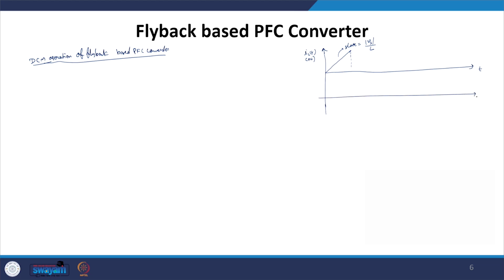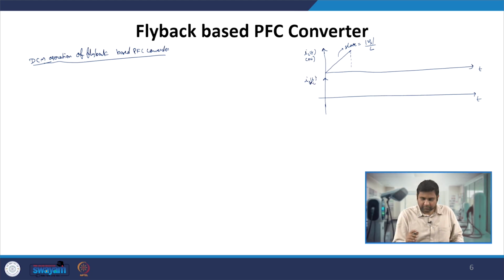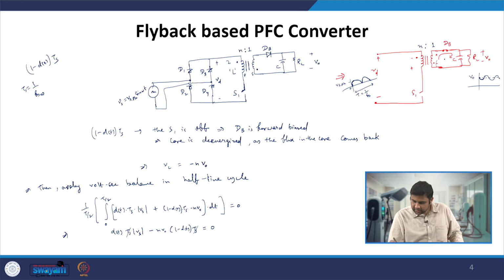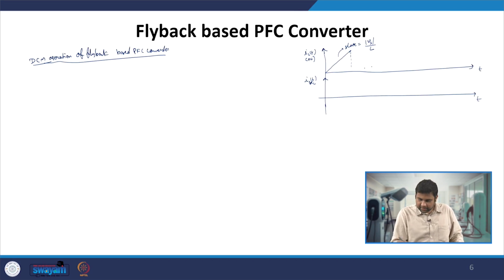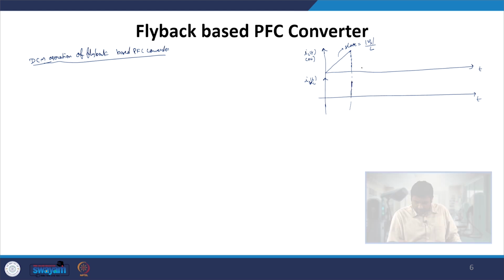So we can write down the IL, or you can say IL of T, or you can say the IL secondary. Let us define this. This is nothing but I secondary. So we can write I secondary will be starting from here, and then it will have a current which comes down here.